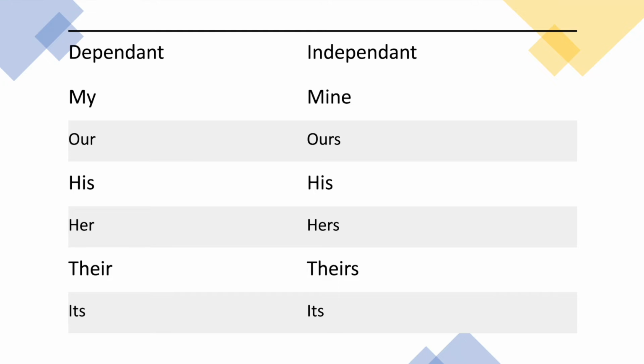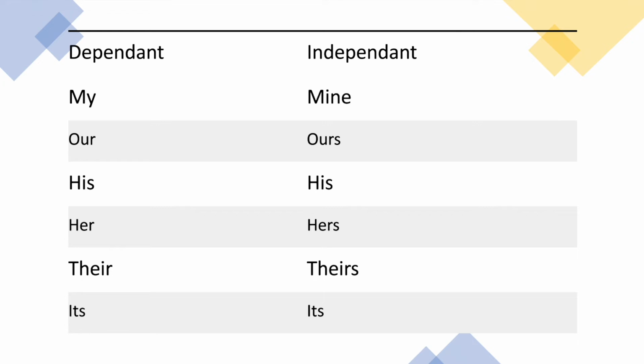Dependent and independent possessive pronouns. My, mine. Our, ours. His, his. Her, hers. Their, theirs. Its, its. Please remember there is no apostrophe in this version.